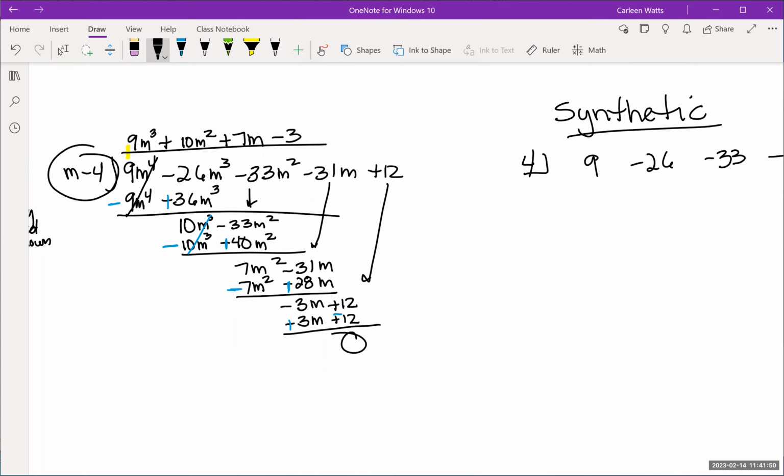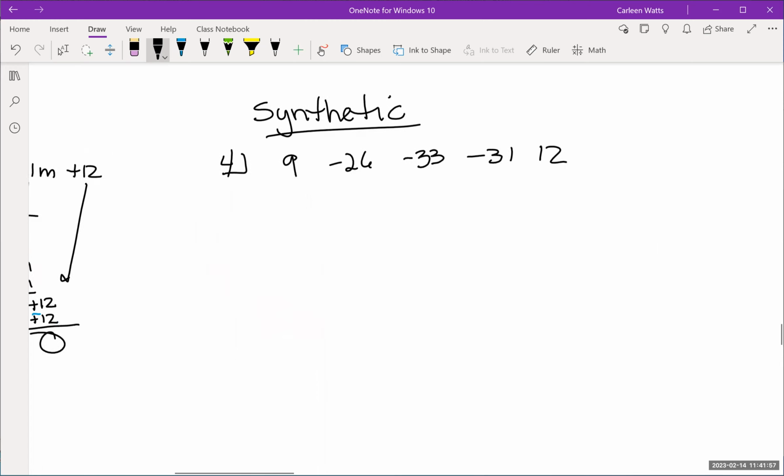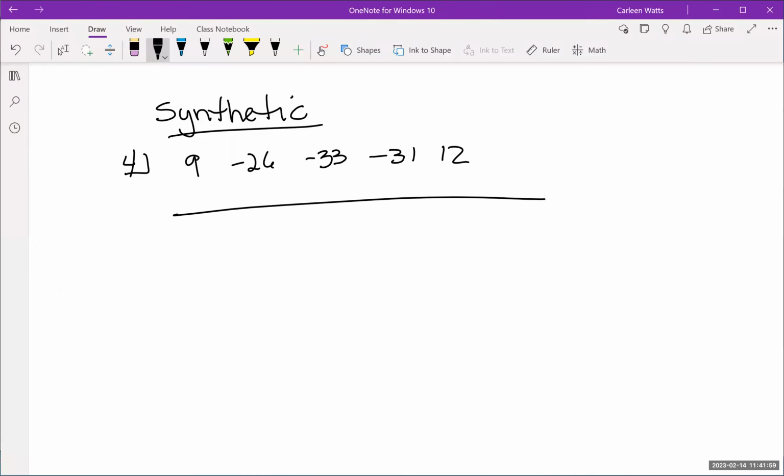Okay, I promise you're going to like this better. Yeah? You believe me? Watch this. Bring it down. Don't try to write this down, yeah? Multiply, add, multiply, add, multiply, add, multiply, add. Bam! It's a shortcut to long division.